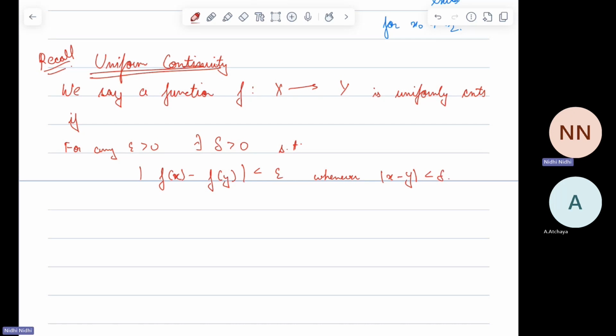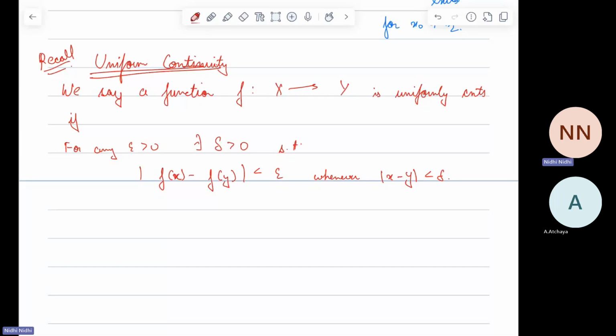That means whenever two points in the domain are very near to each other, the values at those points should also be very close to each other. So this should happen for every x, y in the domain.